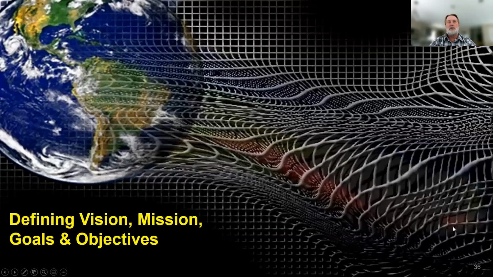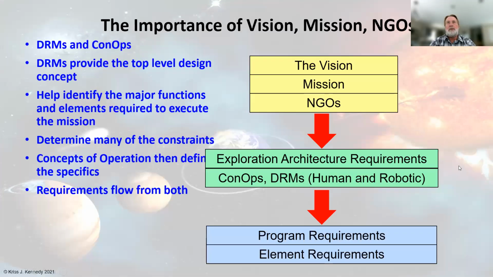So now I want to get into defining the vision, mission, goals, and objectives. This is really important. I think it's part of understanding conceptual design and early definition and project formulation. It relates to your design reference missions, it relates to your concept of operations, it provides that top level design concept.